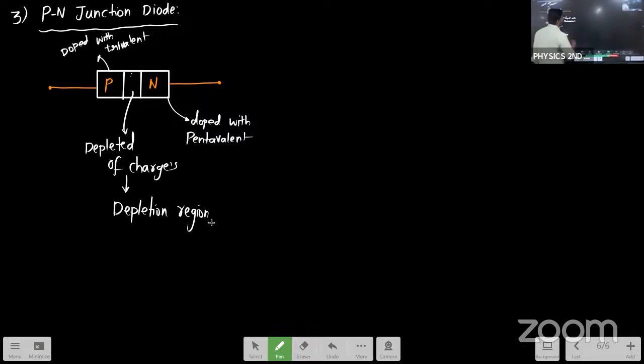And what is the symbol for a PN junction diode? The symbol for a PN junction diode is given as this triangle. This terminal is the P terminal, and this terminal is the N terminal. So what is a PN junction diode? It is a two-terminal device.